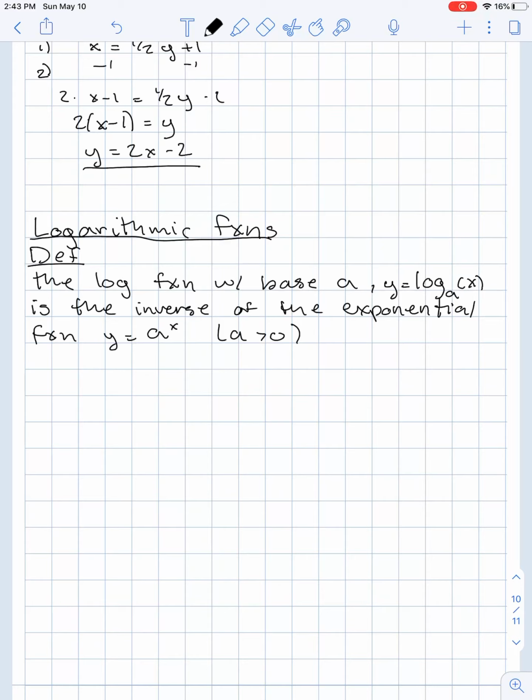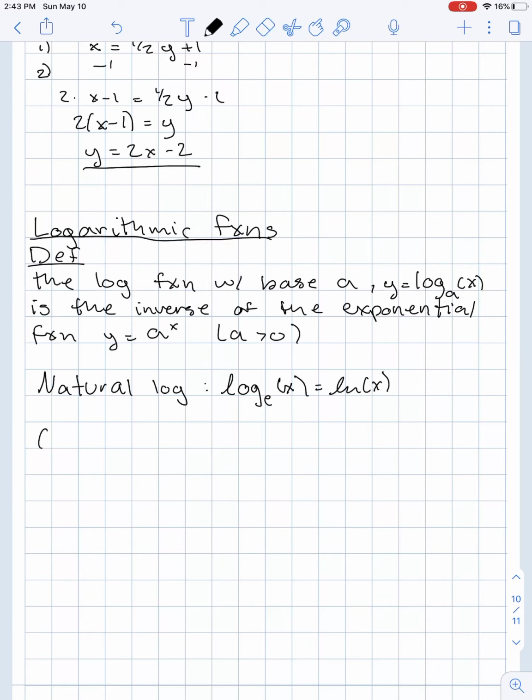So we have two specific types of log functions. There's one that we like to call the natural log, right? We have the natural exponential, so now we have the natural log. That is log base, can you guess it? It's e.